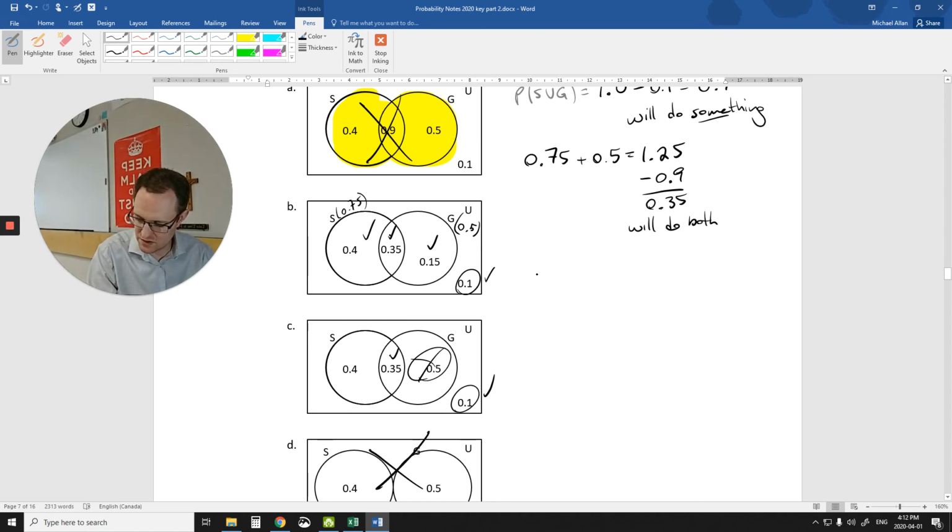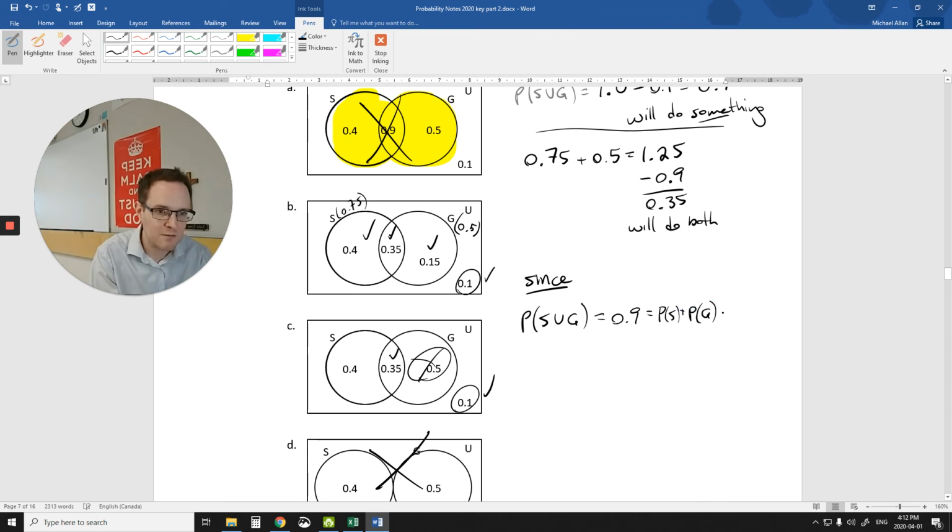Now, we can also do this by using the formula, right? So I can say that S union G, which we decided was 0.9 from the top up here, is equal to the probability of S happening plus the probability of G happening minus the probability of S and G happening at the same time, because we have to get rid of that overlap out of these two circles. So I'm going to just write out my formula.